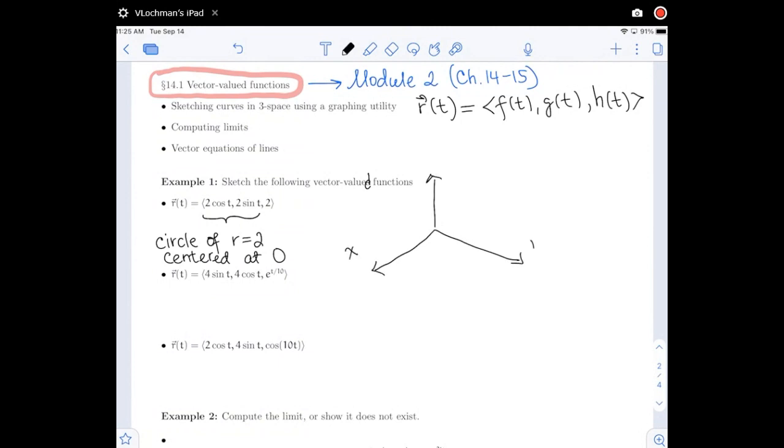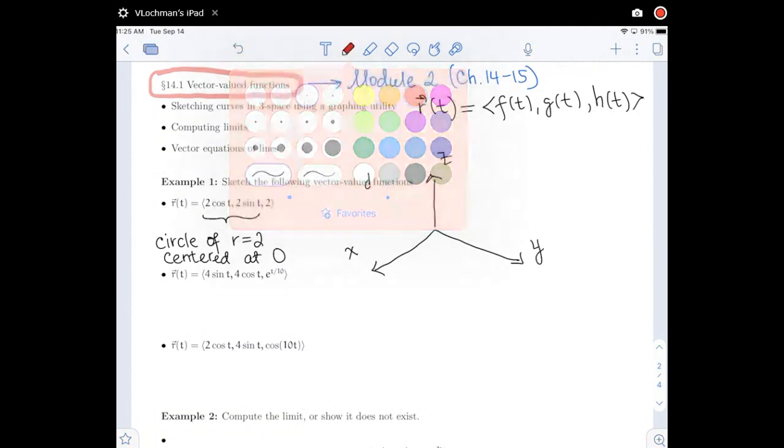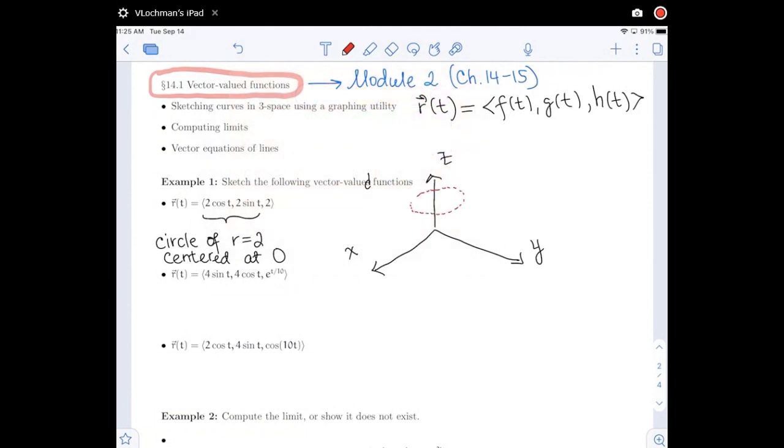This is x, this is y, and this is z. And all it is, it's a circle of radius 2 with the center at the origin, but now it's lifted 2 units up. Let me mark this center right here as 2.